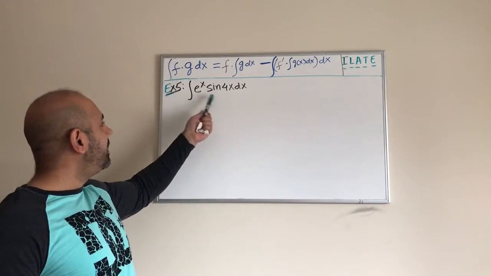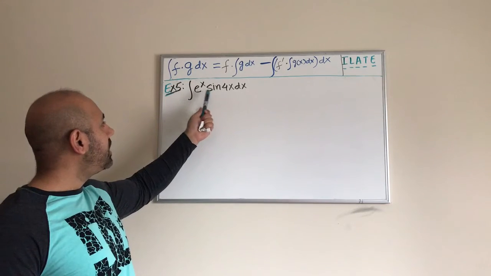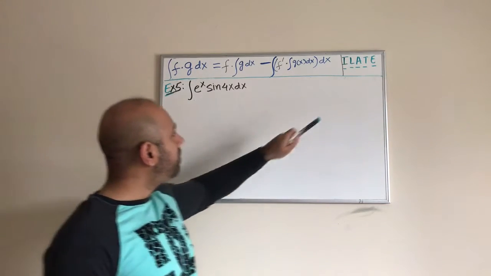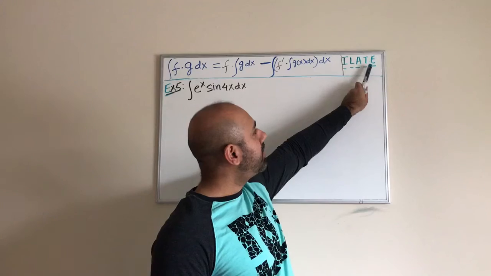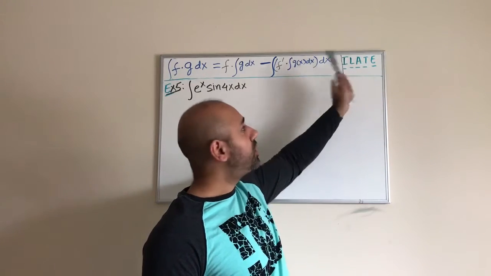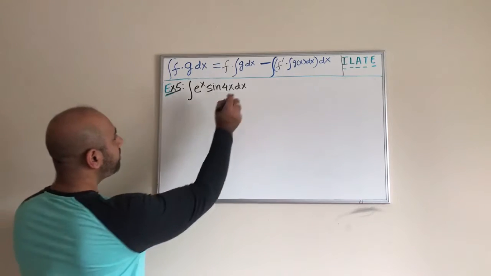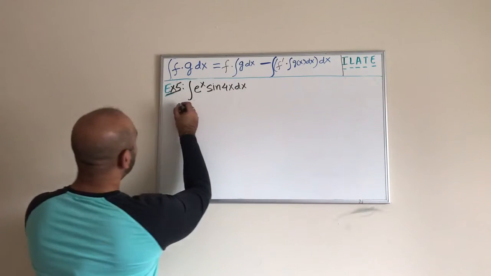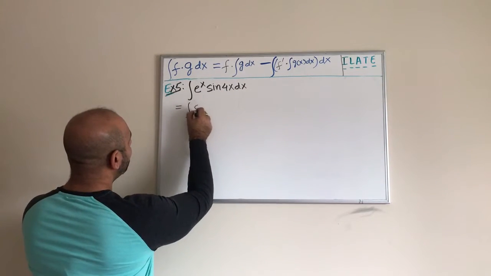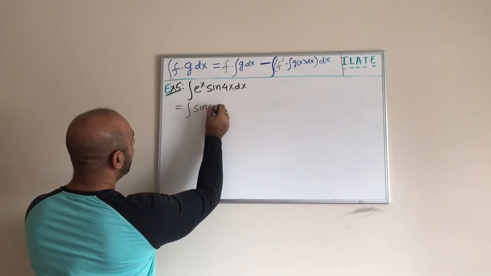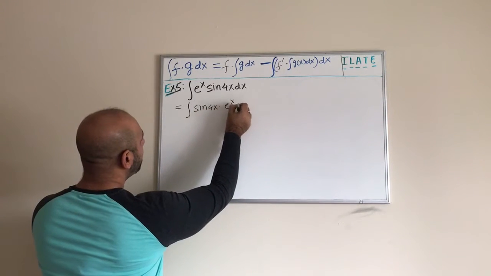Obviously, looking at these two, it's a product of an exponential and a trig function. So what comes first, guys? The trig comes first before the exponential function. So that means we have to rearrange this a little bit. We can rewrite this as sine 4x times e to the power x.